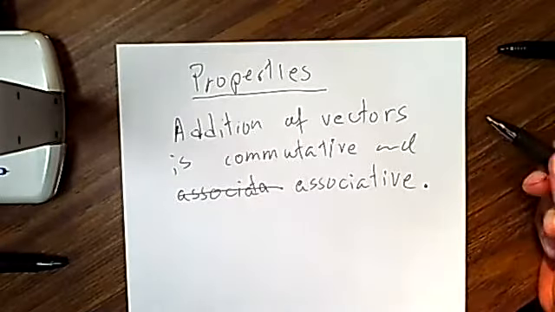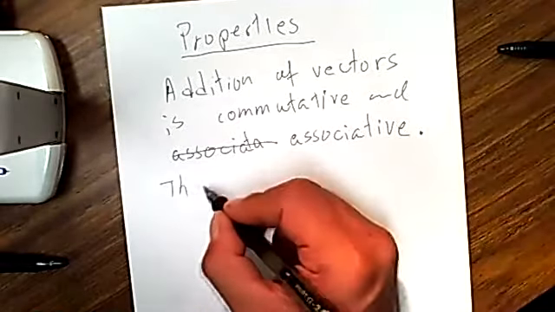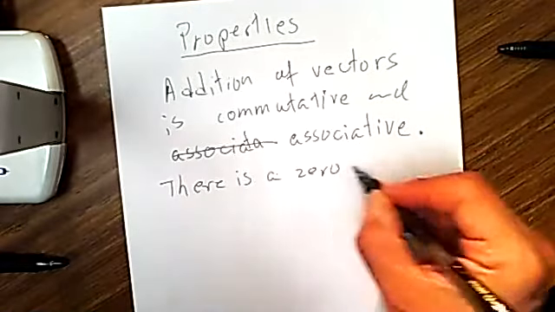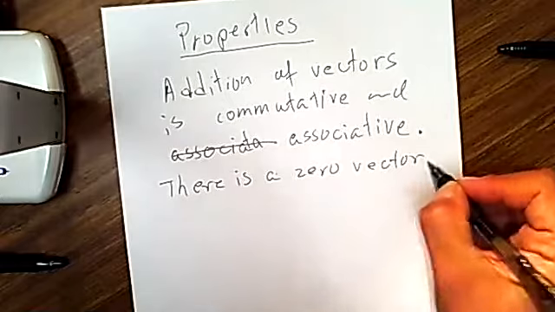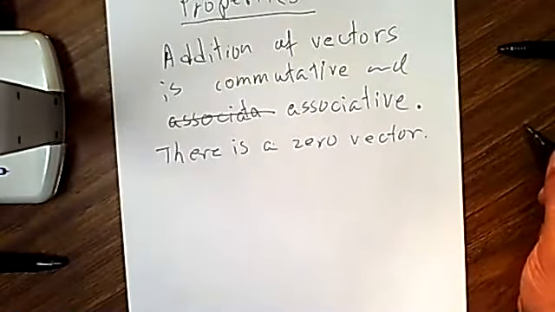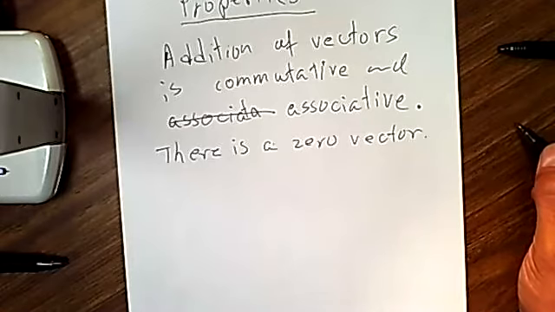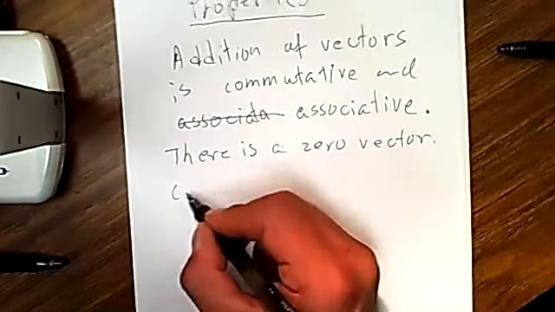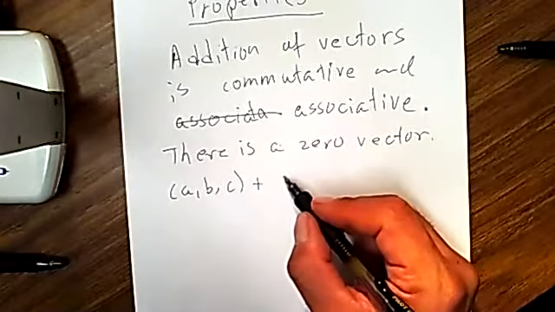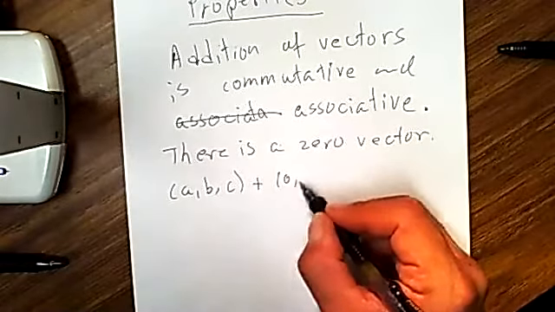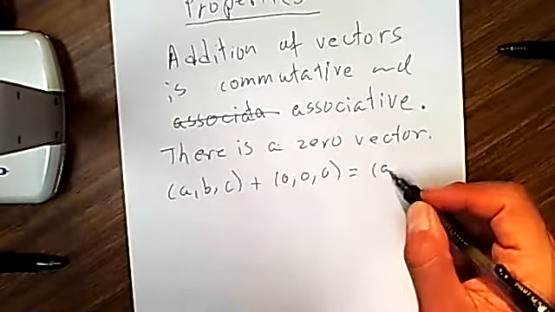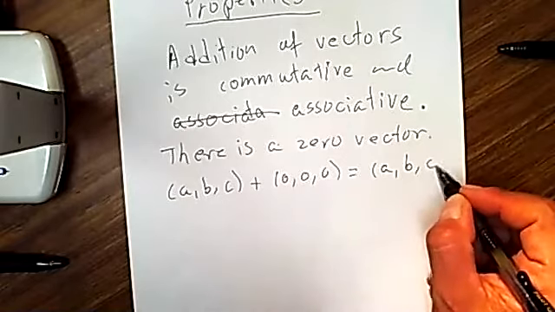There is a zero vector. And let's understand what the zero vector does. If you have any vector A, B, C, any three-dimensional vector, and you add a zero vector, 0, 0, 0, we end up with the first vector every time.